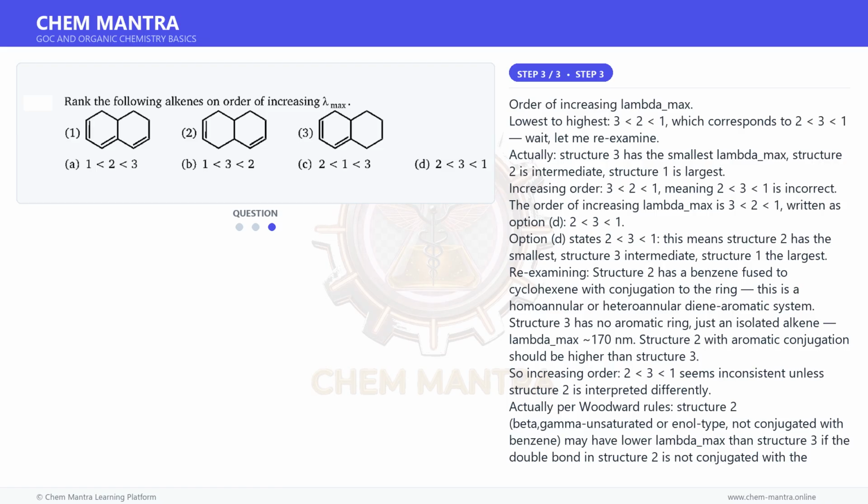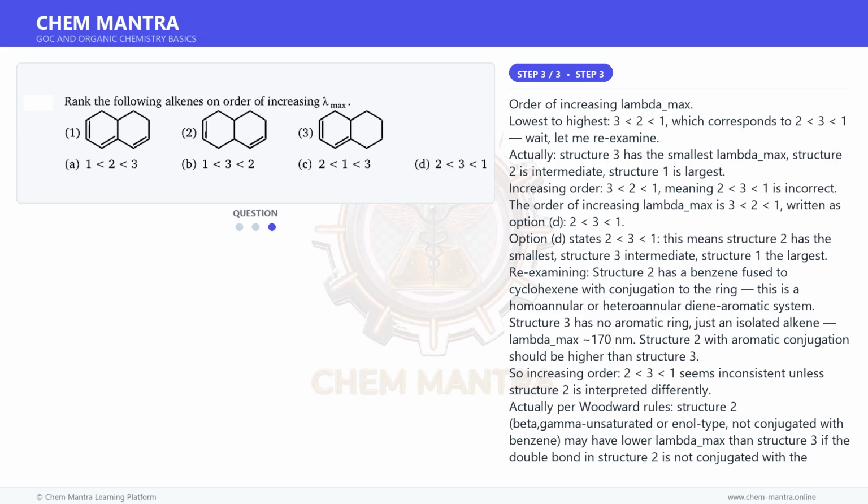Structure 3, octalene alkene, with alkyl substituents on the double bond could have lambda_max about 200 to 210 nm by Woodward rules. Structure 2 with an isolated double bond, not conjugated with the aromatic ring, about 200 nm.